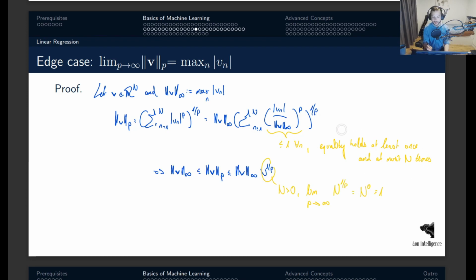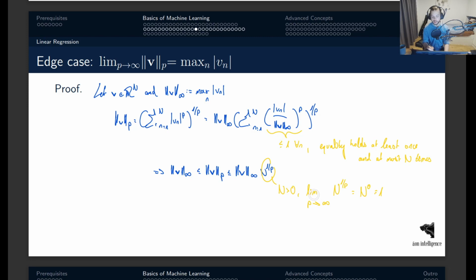Now this observation leaves us with this inequality. So the infinity norm of V is smaller or equal than the p norm of V, and the p norm of V is smaller or equal than the infinity norm of V times the p-th root of n. Now we observe that n is a natural number.